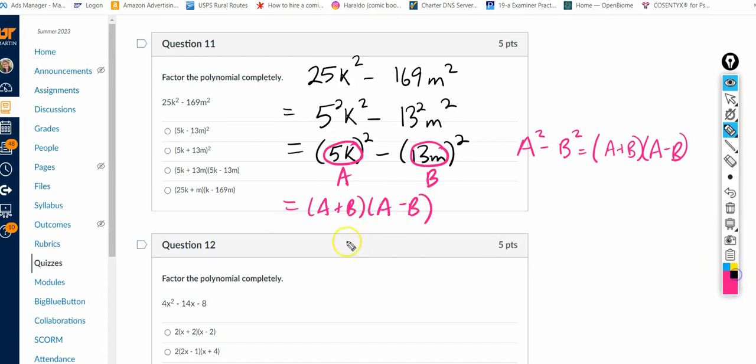And so now it's going to be the red A, which is 5k, not 5k squared. I'm using this formula, plus the red B, which is only 13m. So these squares out the side get left behind when we do this formula. All right, so that will be my answer, and that is matching this one here.